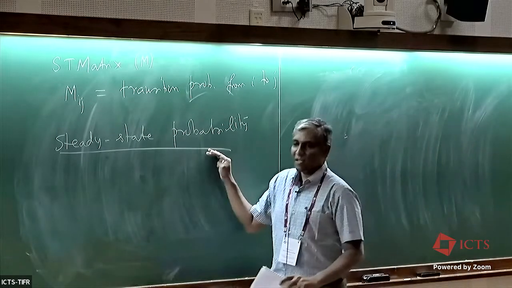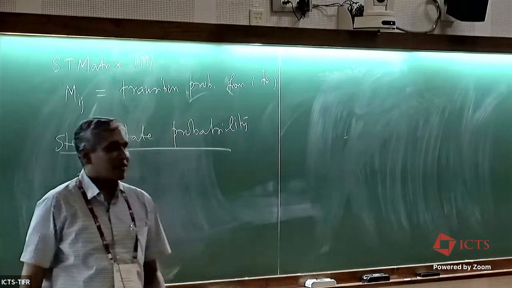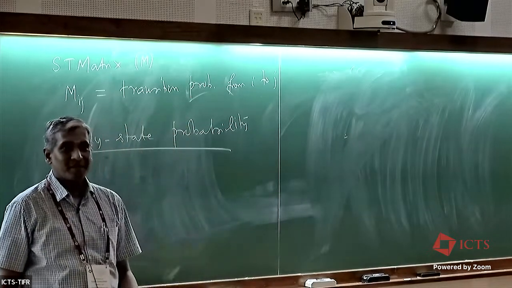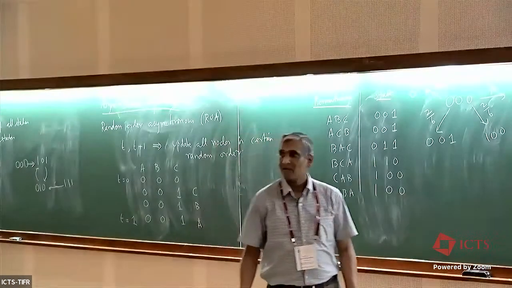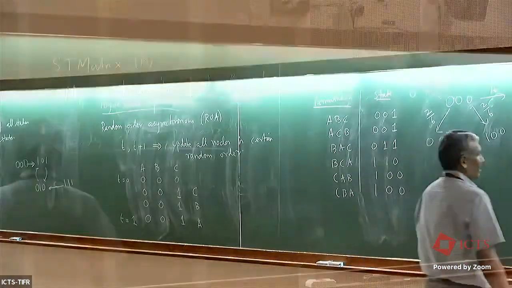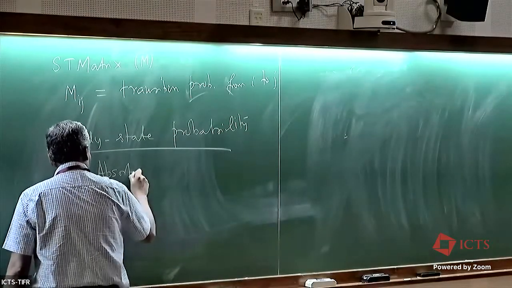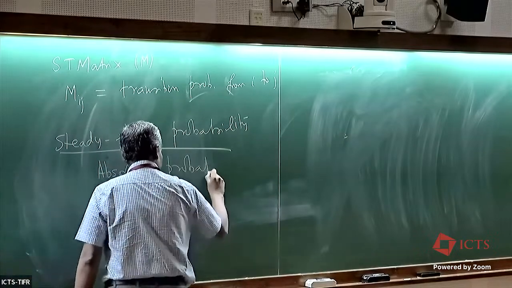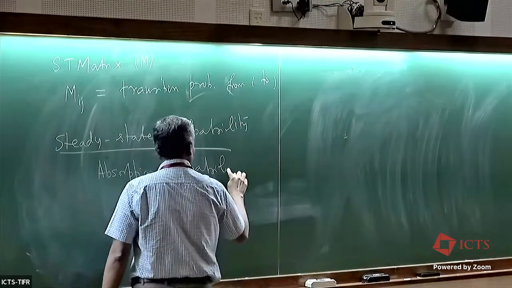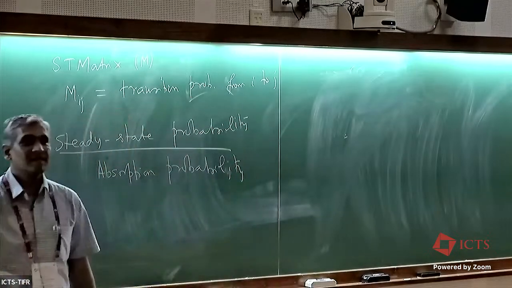Now this steady state probability can be directly compared with the experimental observations. While doing steady state probability, I can also, just a second, I need to estimate what is called the absorption probability. Yes, please.